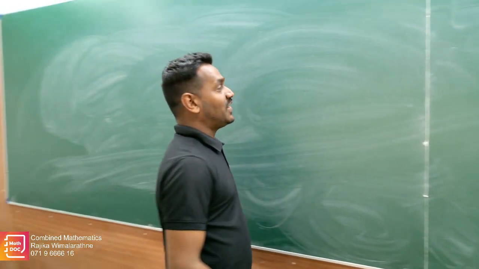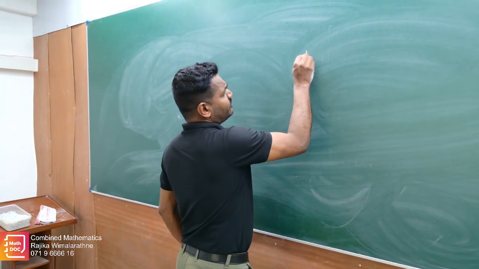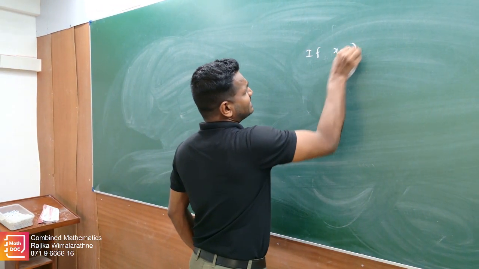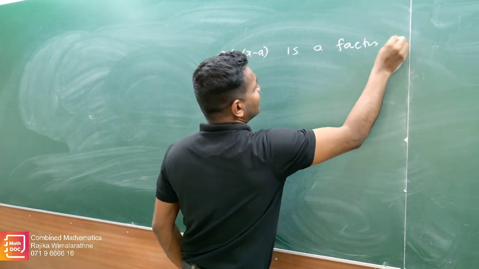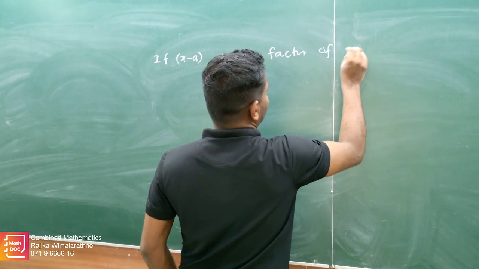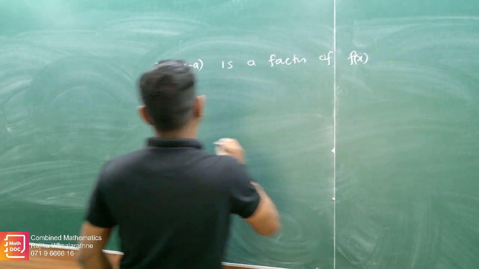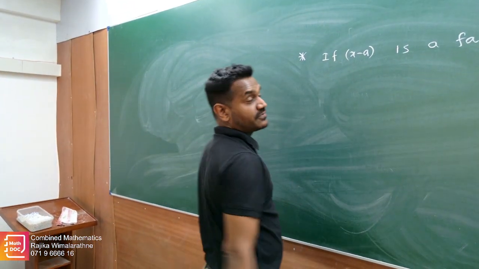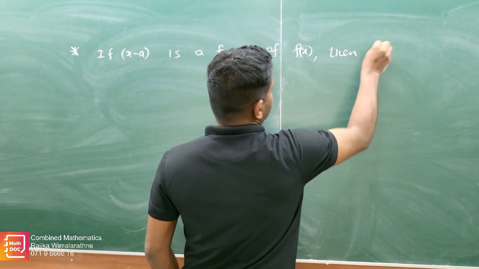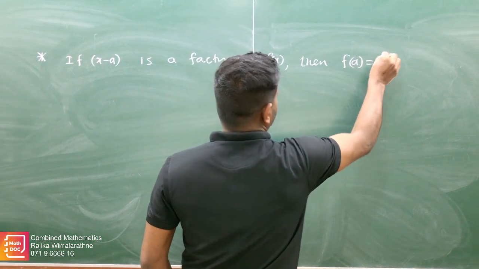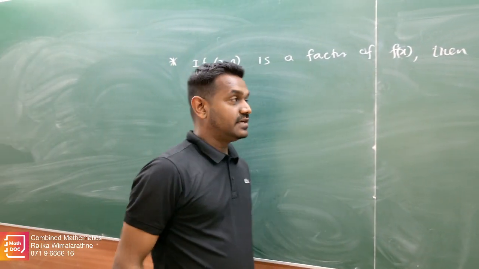Now, if x minus a is a factor of f(x), then f(a) equals 0. That is called the factor theorem.